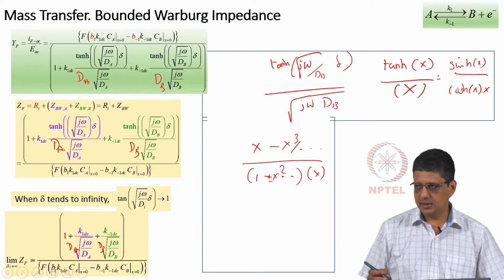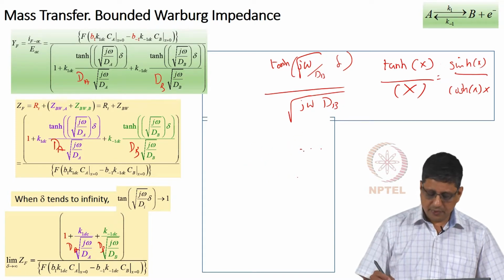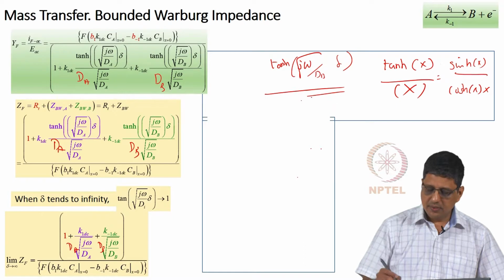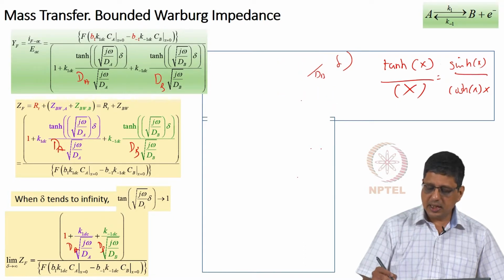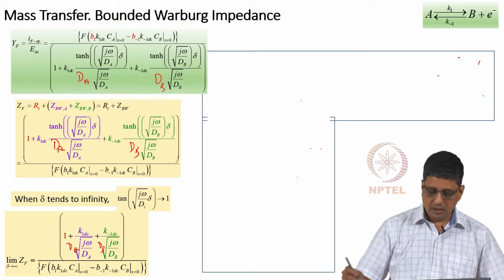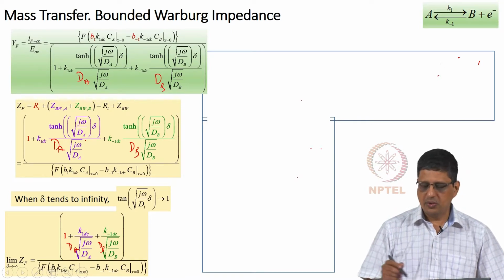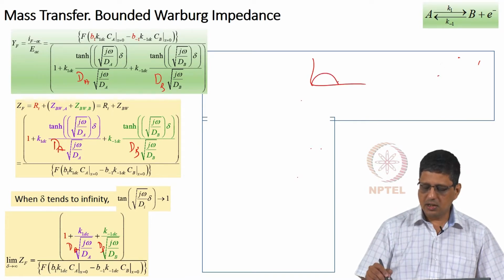When you take this, you would find it comes to a finite value, which means this will settle on the real axis. It is not going to be a complex number, it is going to be a real number, and it is not 0. So it is going to be RT plus some value. So this is the RT value.